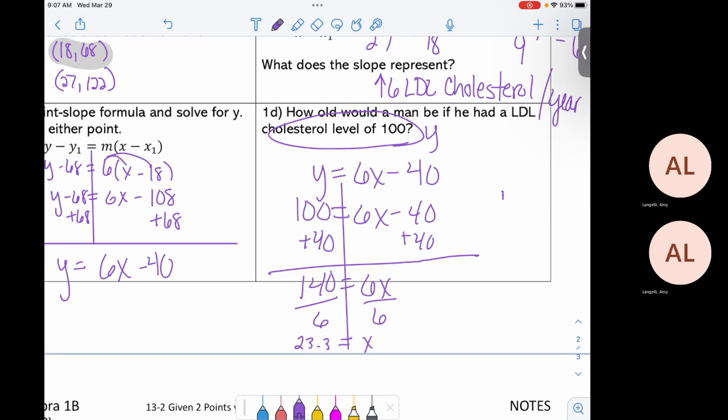To have an LDL cholesterol of 100, I would say a man would be 23.3 years old.